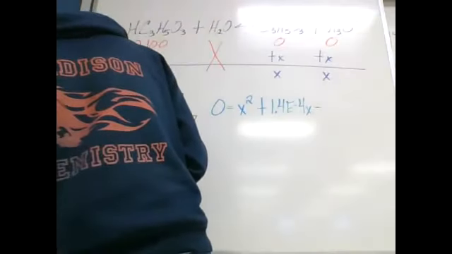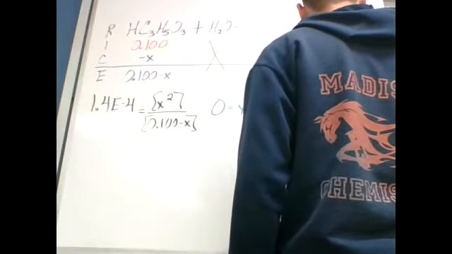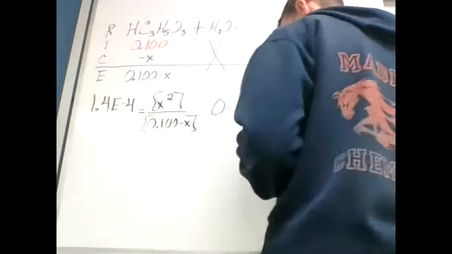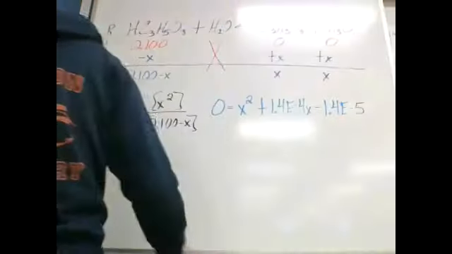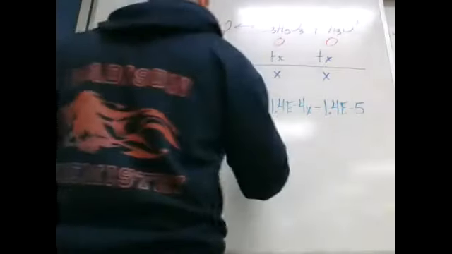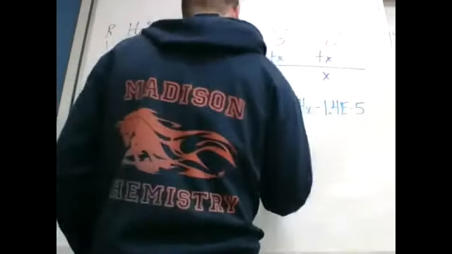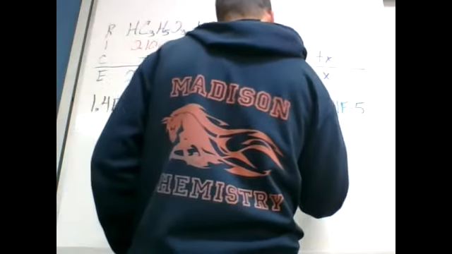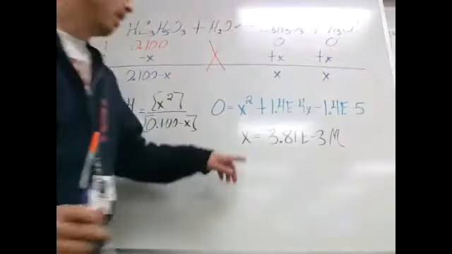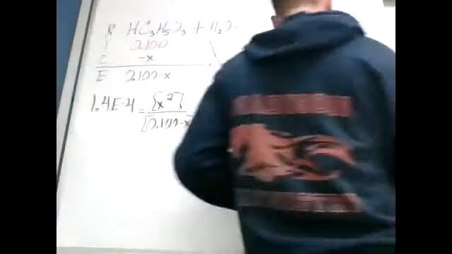And I get 1.4 E negative 4. In your solver, you'll find that X has a value of 3.81 E negative 3. This X value is the hydronium.